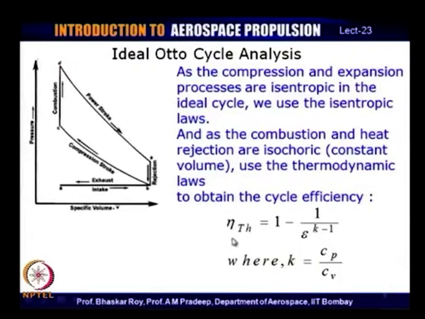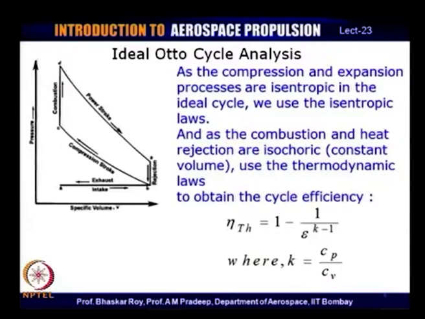This is the thermal efficiency of the cycle. It can be written down in terms of the compression ratio or the volume ratio and the specific heat ratio of the working medium that we are using. In our case, that is air.